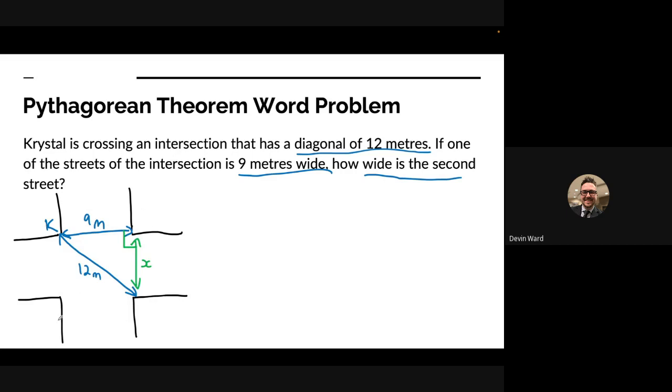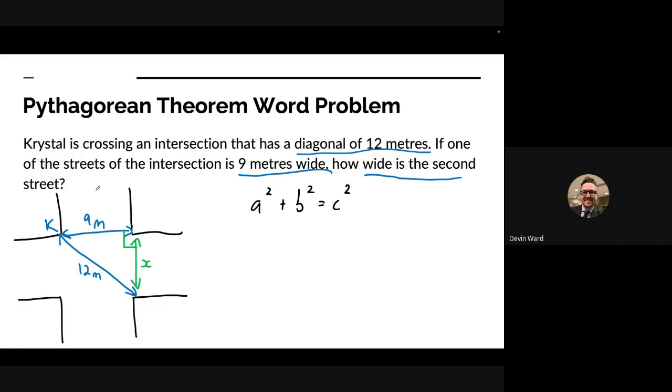So every intersection like this, like a four-way stop, is going to be 90 degrees. So we have a right angle triangle. We have a side here and a side here. So we can use a squared plus b squared equals c squared.